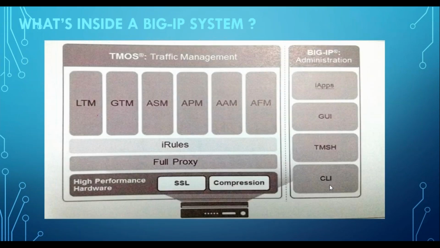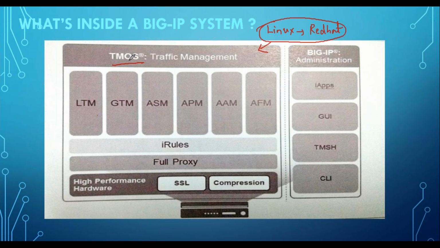Now let's have a look at how the BigIP system looks from inside. The BigIP system is based on the Linux operating system. In specific, you can call this a Red Hat version. On top of Linux, they have built a customized operating system which is called TMOS, Traffic Management Operating System.